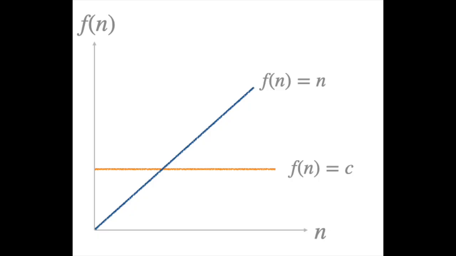The next function is actually pretty straightforward, and that's going to be a linear function. And as you can see, this is basically the identity function. It just spits out whatever you give in. Again, what we're interested in is the growth of the function. So this actually gives us a very interesting insight into thinking about how the function changes as my input changes. So take a specific example of n going from 5 to 6.